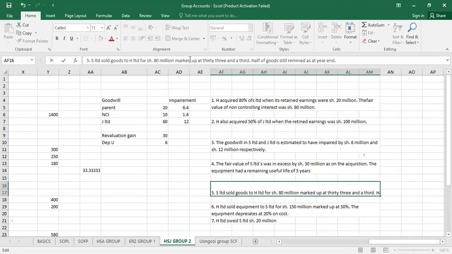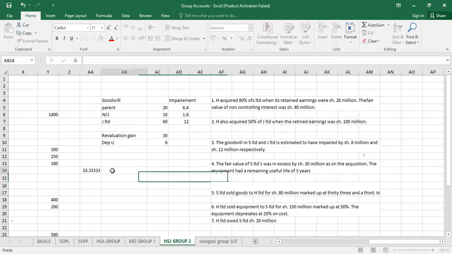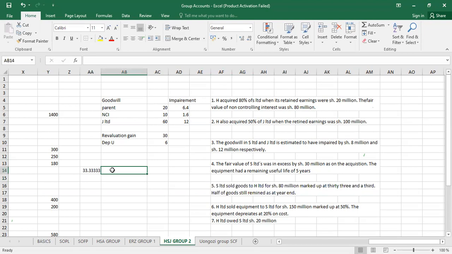So for markup, we have to change it to margin. To change it to margin, it will be 33.33 divided by 133.33. You just add the profit to the denominator. It is always that way.